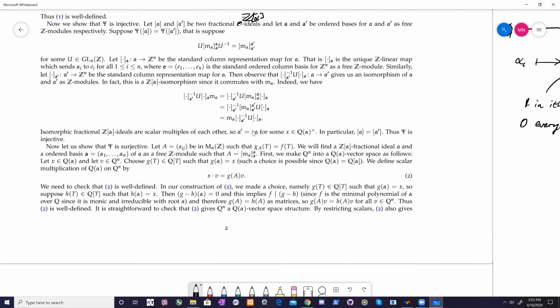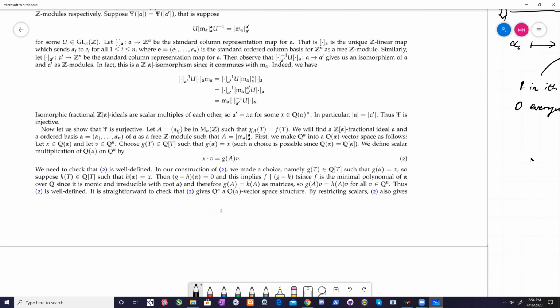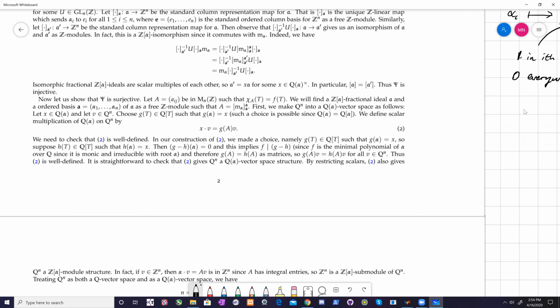So A prime is equal to xA. This is an isomorphism of Z[alpha] fractional ideals, which means that A prime is equal to xA for some nonzero x in Q(alpha). So in particular, they are the same class, and so capital psi is injective.